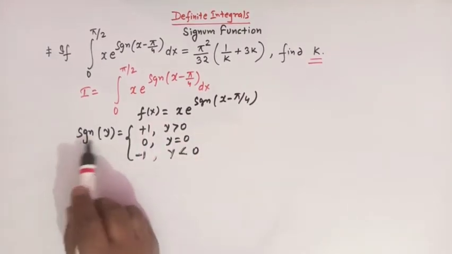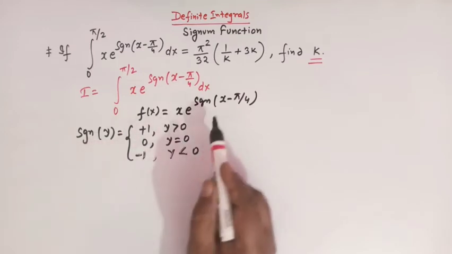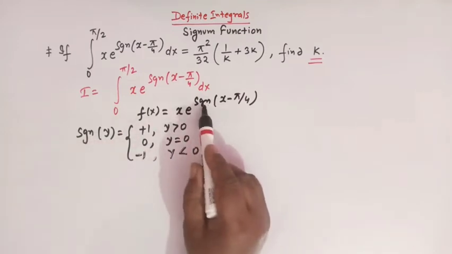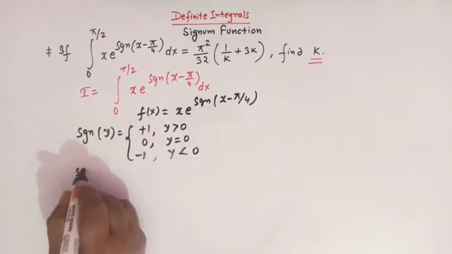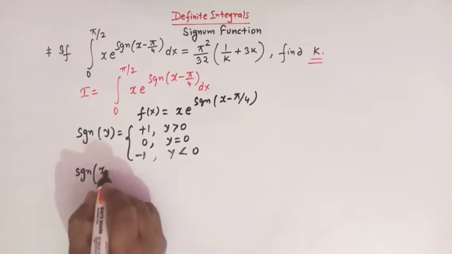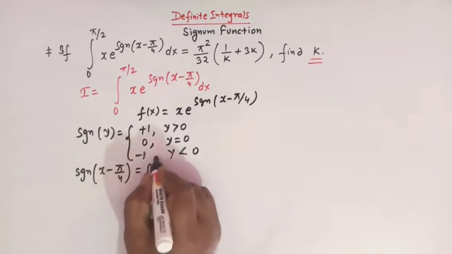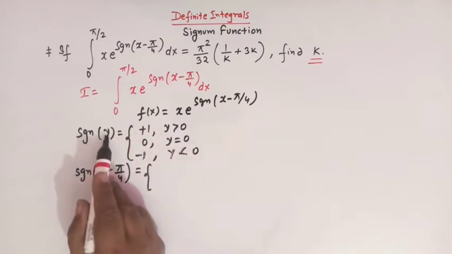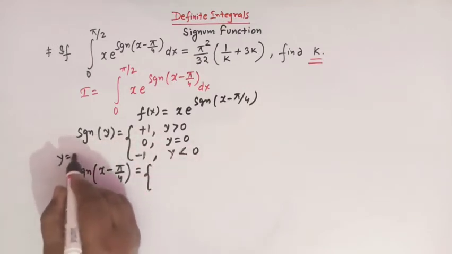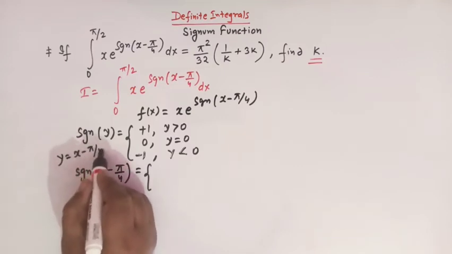So now here we'll apply this definition to this function, right? So Signum of x minus pi by 4 is equal to, here for y we can take x minus pi by 4, right?